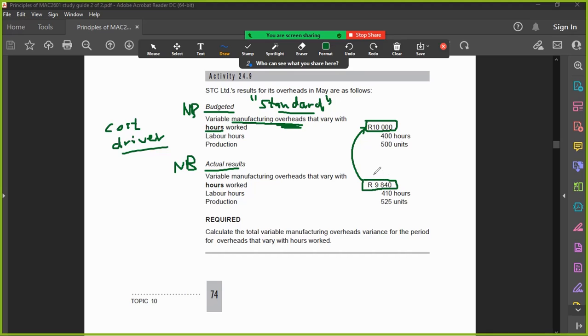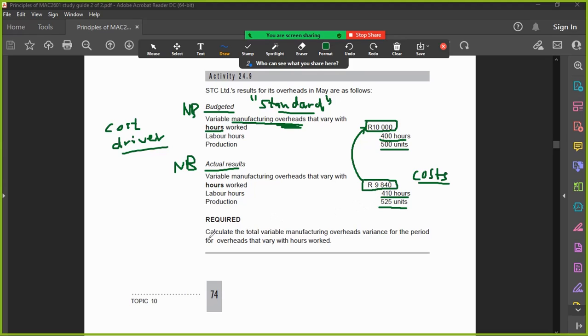Okay, because it's less than what we expected, and the costs are obviously lower than what we had budgeted for. So that's the first good sign to identify. Then you've got labor hours, okay, and you can see that the labor hours were actually more than what we had expected in terms of the budgets. All right, and then production also more than what we had expected in terms of the budget. All right, so those are the values that you've got in the question.